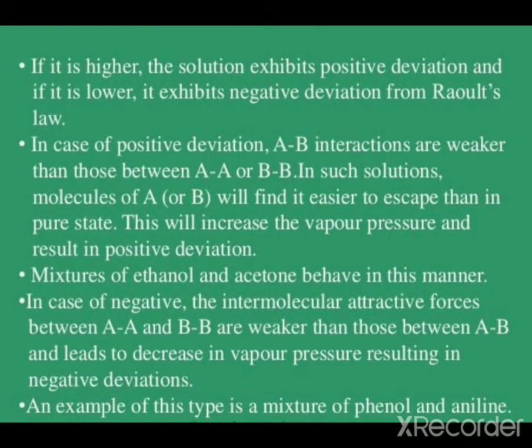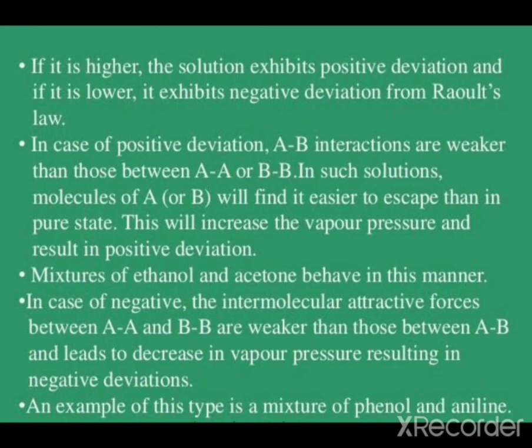Now consider the case of positive deviation. In the case of positive deviation, the AB interactions are weaker than the AA or BB interactions. AB interactions are weaker means the solute-solvent interactions are weaker. Since the interactions are weaker, the molecules of either A or B can easily escape as vapors than in the pure state.